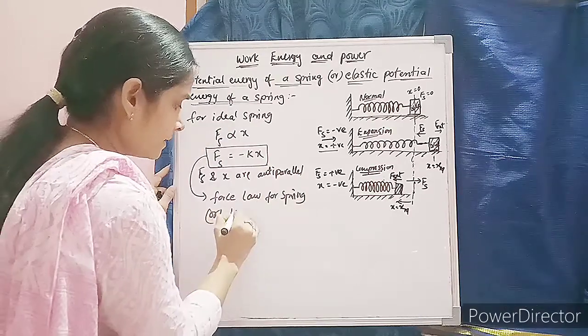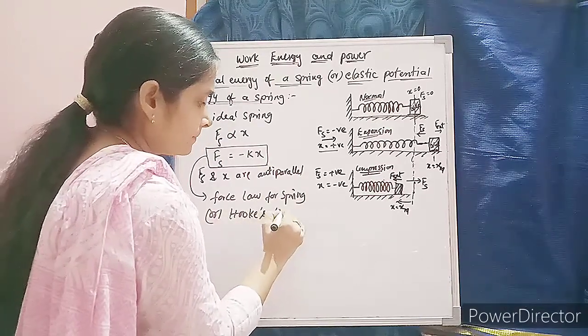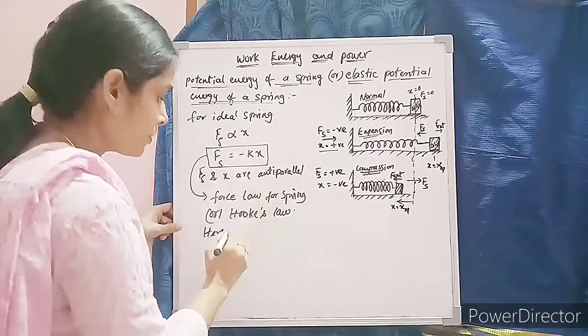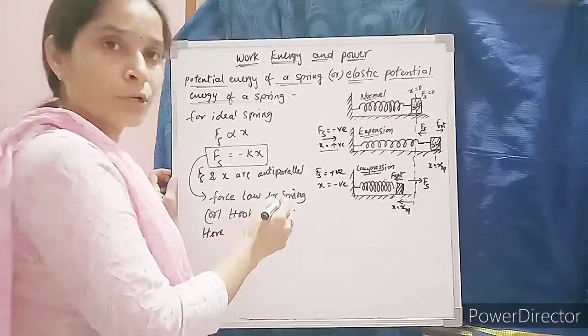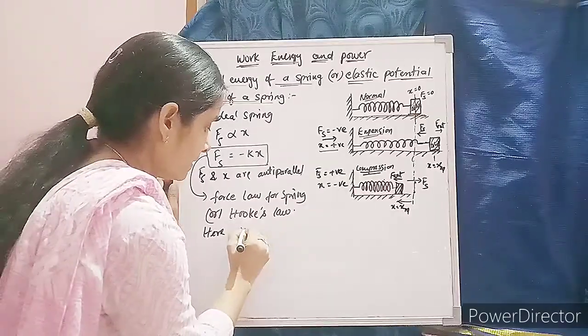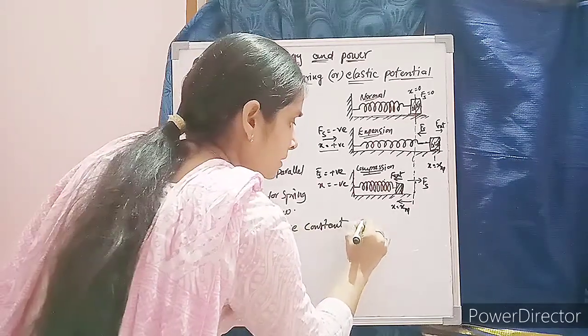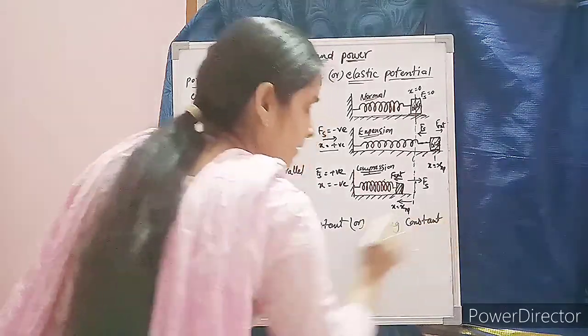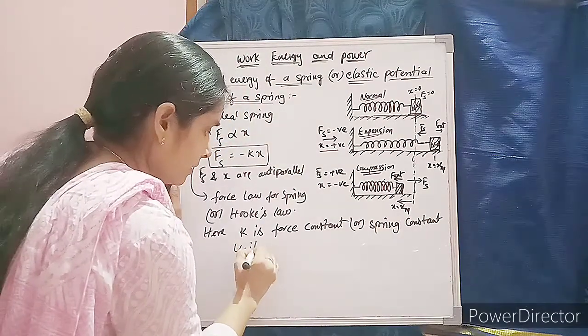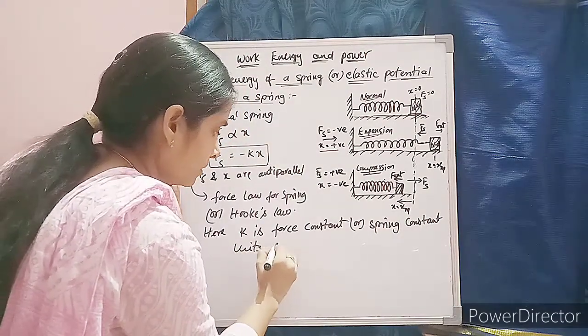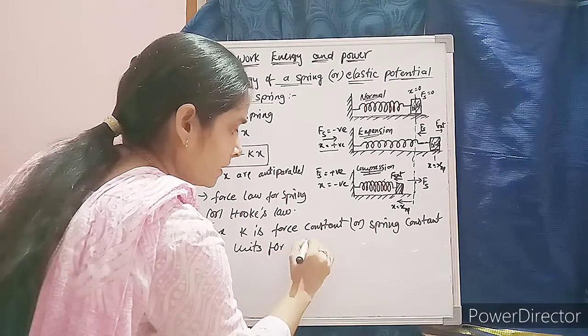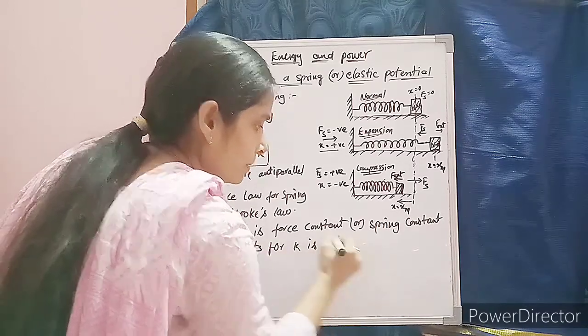Also we call it Hooke's law. Here k is the force constant, or spring constant, and the unit of k is Newton per meter.